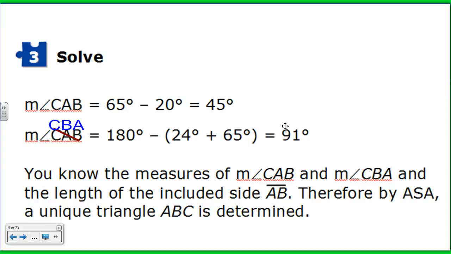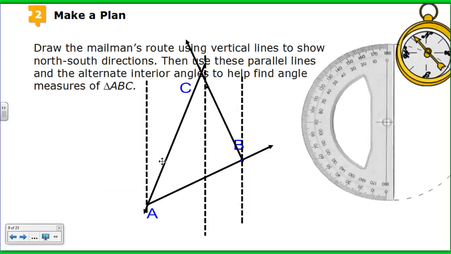So you know the measures of angle CAB and CBA, and the length of the included side AB. So by ASA we have a unique triangle. We haven't proved it to be congruent to anything, but we do have a unique triangle.